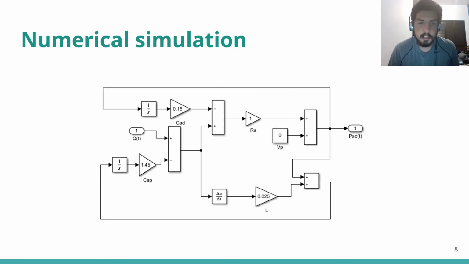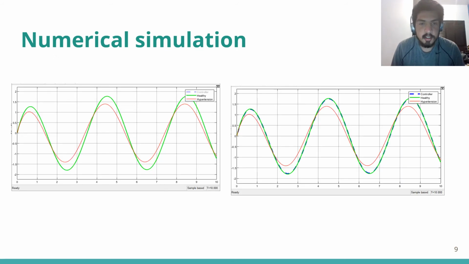We have this model built with the blocks with the equations of the integral differential model we used in the mathematical model, and from these blocks of the diagram we obtain this response.